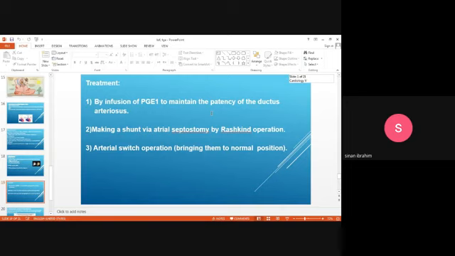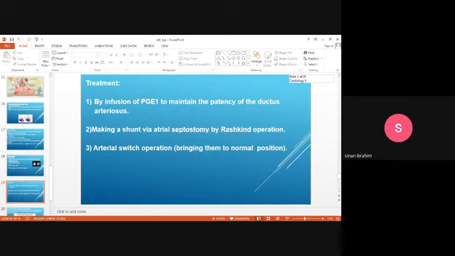And if you suspect cyanotic congenital heart disease and the patient's life depends on the duct, you should give him prostaglandin to keep the duct open, because at any time this duct will close and the patient will die on the table.